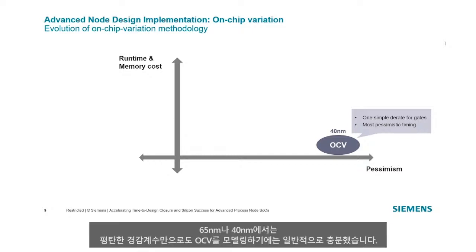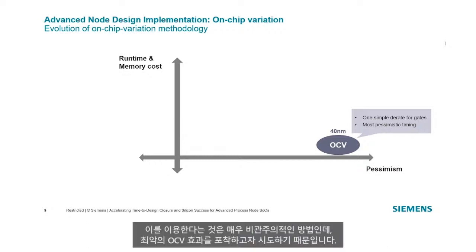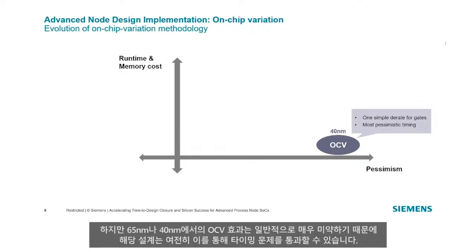At 65 nanometer or 40 nanometers, a flat derate factor was generally sufficient to model OCV. Using this method is very pessimistic because it attempts to capture the worst effects of OCV.